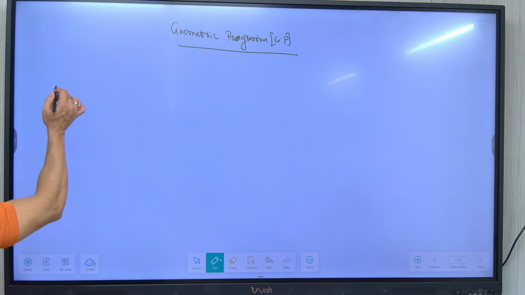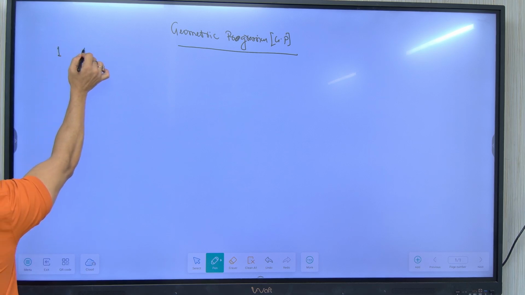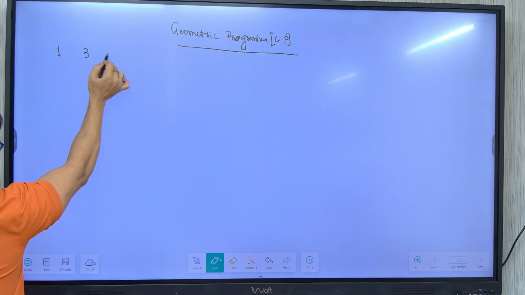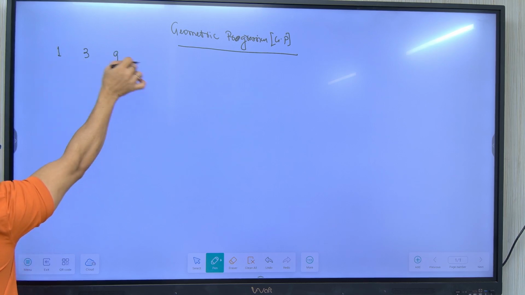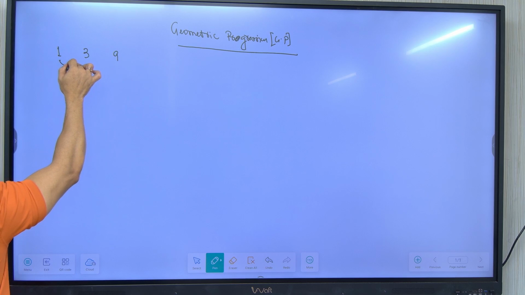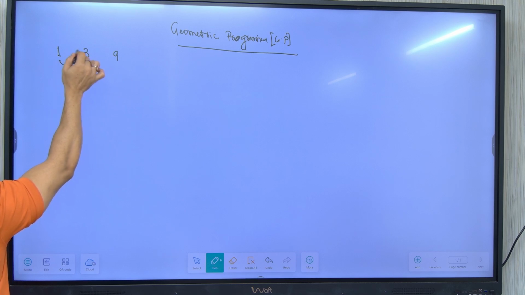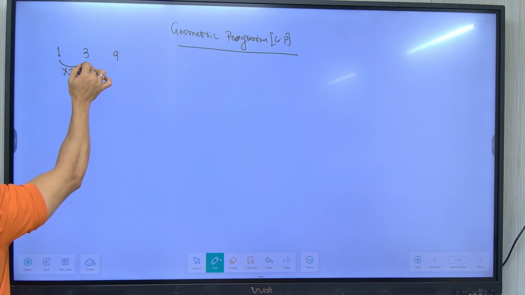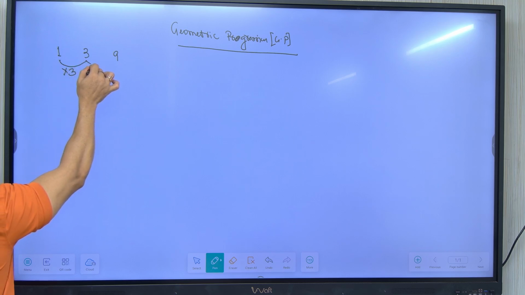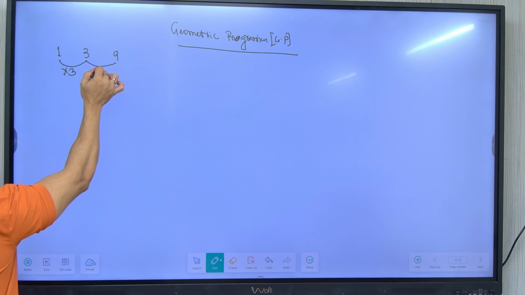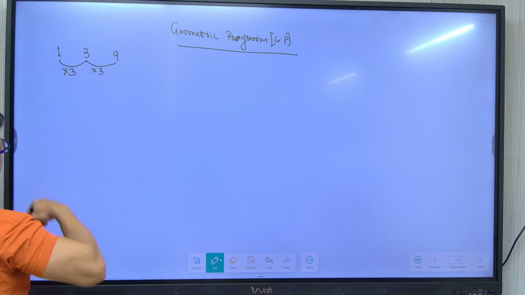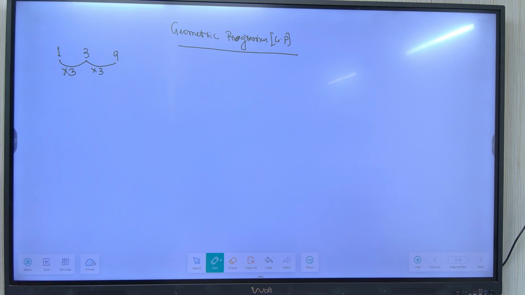For example, if I have 1, 3, and 9, definitely not in AP. Then I see this 3 can be obtained by adding 2 or multiplying by 3, right? But if I add 2, I should get 5. Not getting 5, so I have to multiply this with 3. Every time I multiply, I'll get the next term.